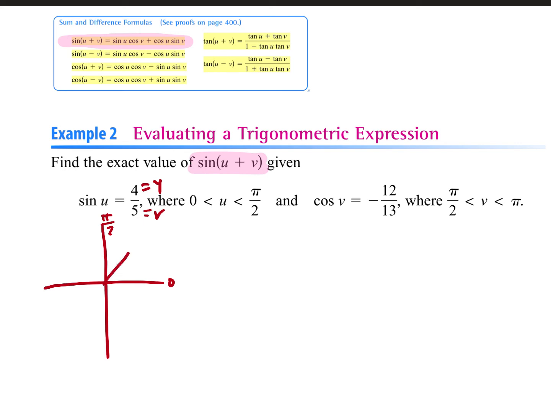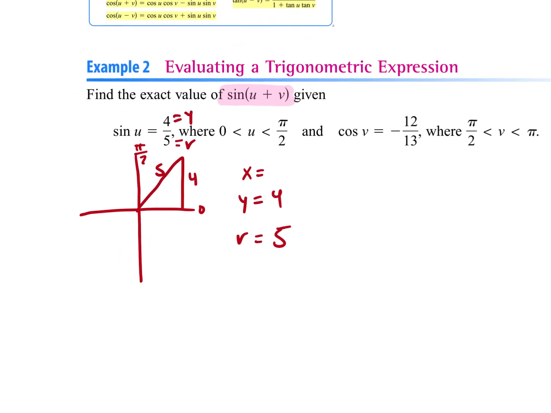So I'm going to draw my little triangle in here. I know my y is 4. My r is 5. So I'm missing x. How do I find x? Pythagorean Theorem. So 4 squared plus x squared, because this is my x that I'm trying to find.